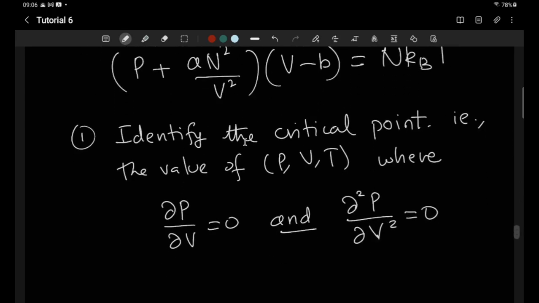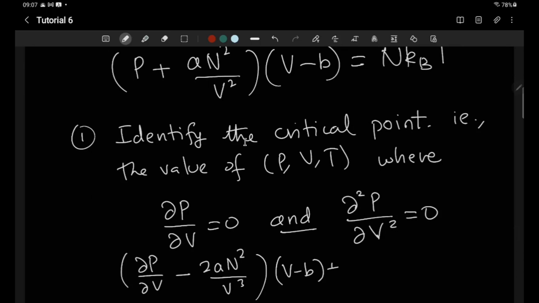So we get dP by dV equals minus 2a n squared upon V cubed, into V minus nb, plus n squared, I'm just doing the Leibniz rule, into 1, and the derivative of this thing is equal to 0.